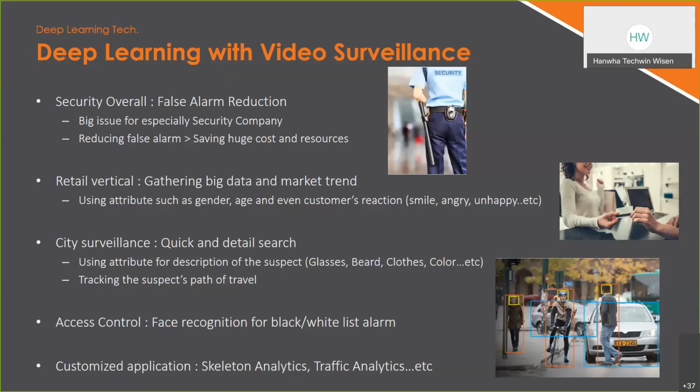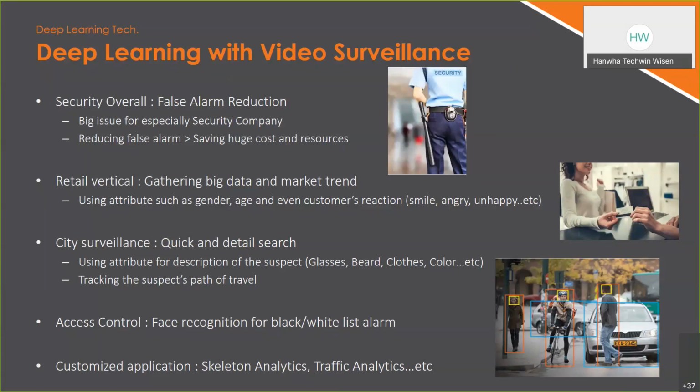And for access control, we are already using face recognition. It's very common, so you can use deep learning for face recognition as well. And there will be some customized applications. For example, if you want to detect abnormal behavior, such as running, fighting, or violence, then you can use skeleton analytics.